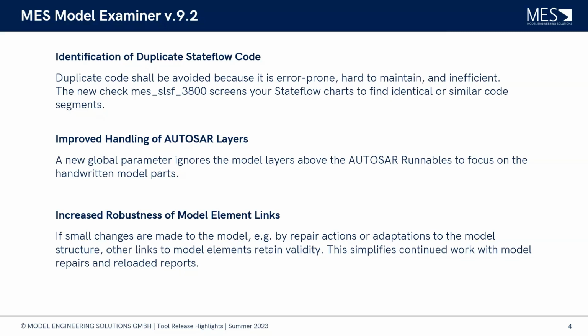But that block may also have some other finding from other guidelines. Maybe some of the data types are not correct or whatever. So now, of course, we need to make sure that we still find this model element, this block, even with a slightly different name. And this is maybe one of the examples. There can probably be different ones. Yeah, that's quite a good example. Right. Great. So just to show that that really can happen throughout the repair. And I think it's a really good feature that the model element links stay valid even after these kinds of fixes. It makes it easier to continue with your repair.